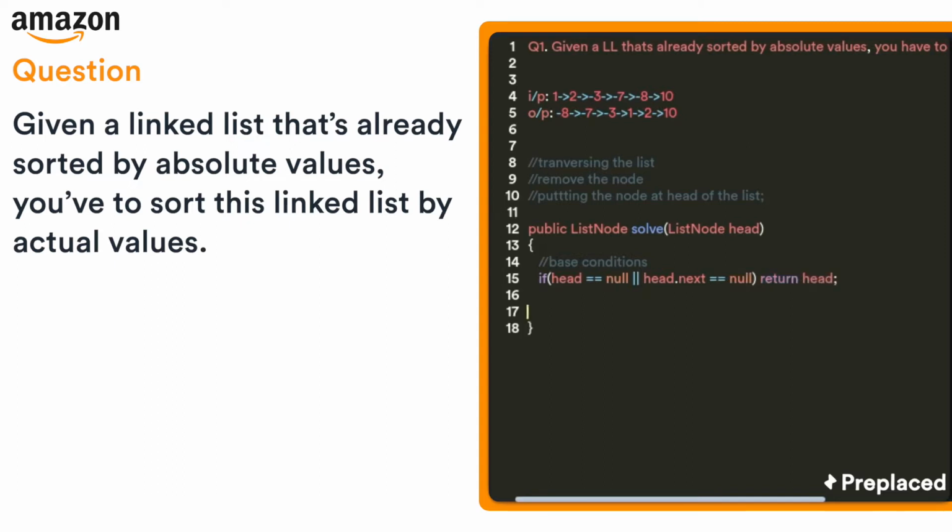So this is my base condition. Now, in order to maintain my head pointer, I'll be using a temporary pointer to traverse my list.